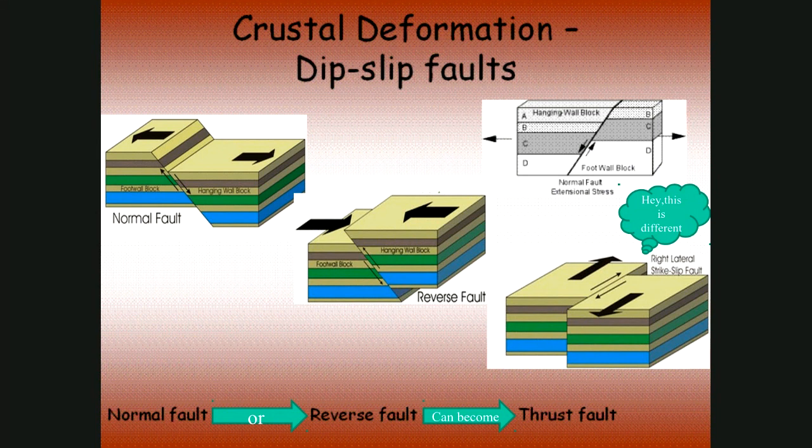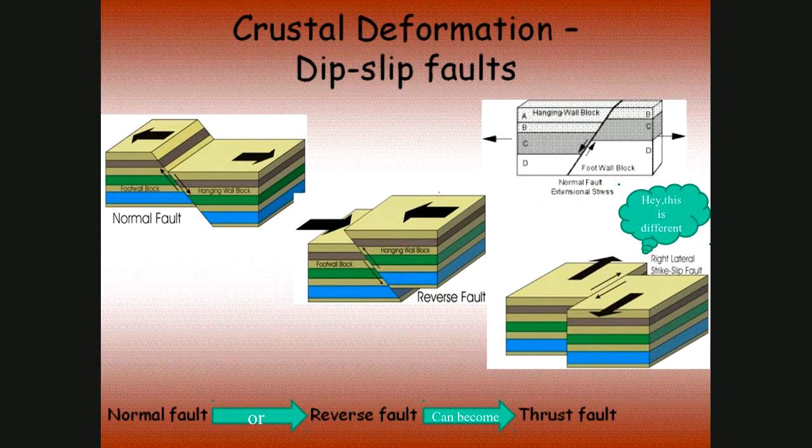Okay? But there's a different kind too. It's called a strike slip. And that movement moves along in the direction of the fault. Okay? That's called a strike slip because the crack on the surface, the direction it runs is called the strike of the fault.